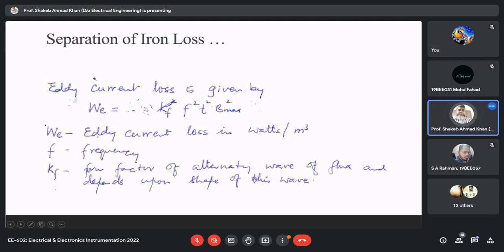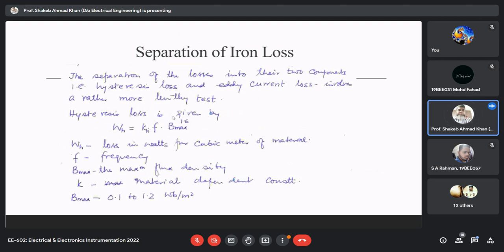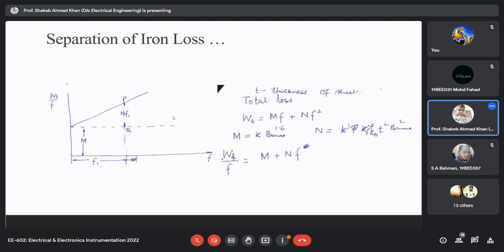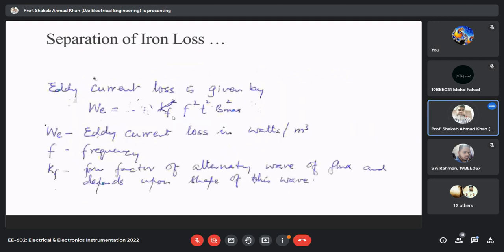If the waveform is sinusoidal, the eddy current loss will be something, and if it is non-sinusoidal, then the form factor will change. Whereas the hysteresis loss does not depend upon the form factor at all. So this is in brief.